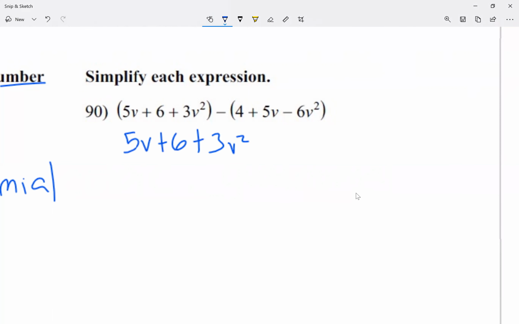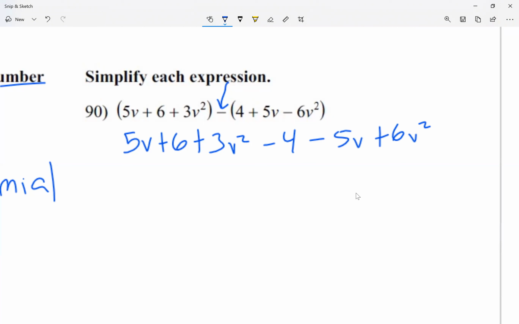My second parentheses, if there was a plus in between, I would just copy the parentheses as it is. No changing of signs. But because there is a minus, I have to change the sign. So let me write this as minus 4 minus 5v plus 6v to the second.